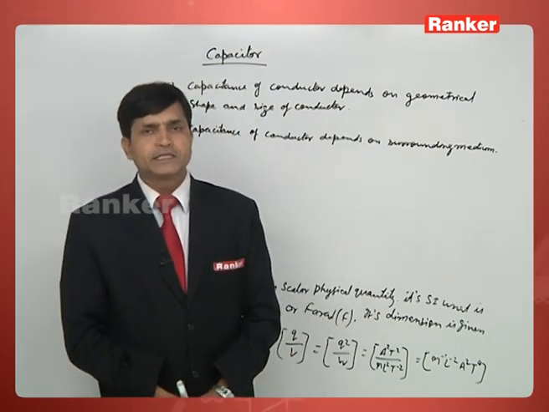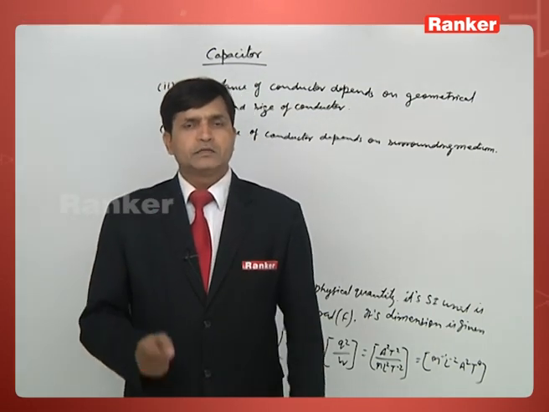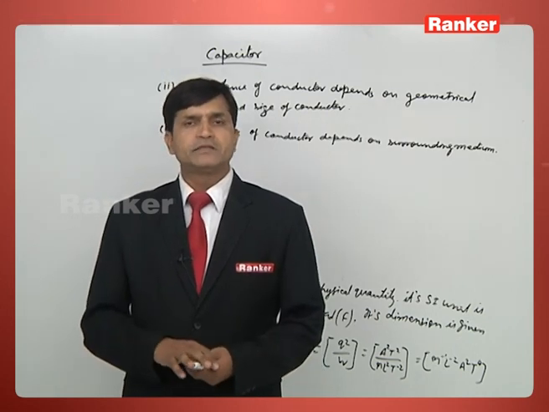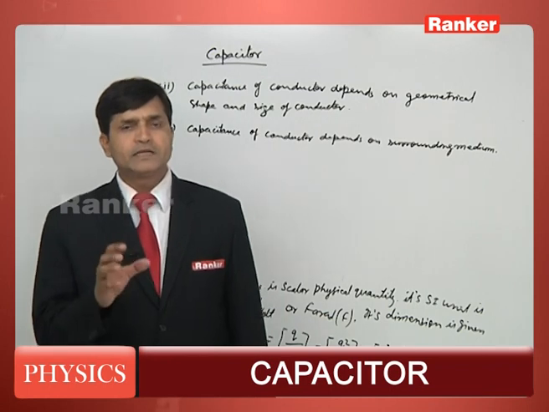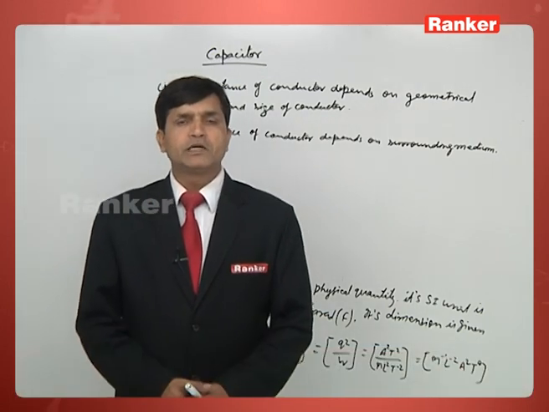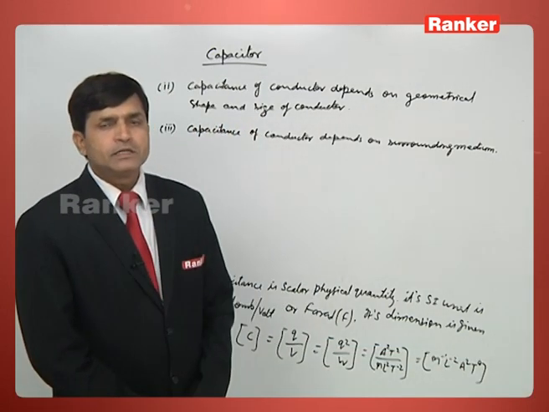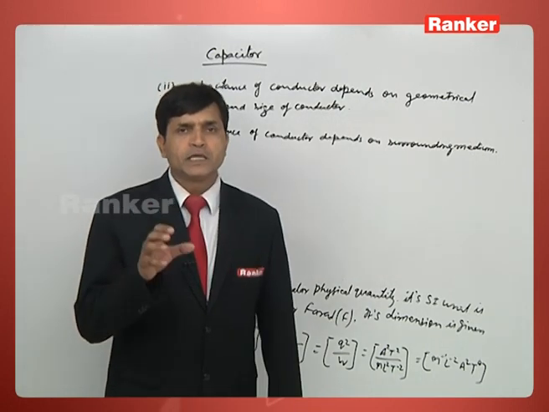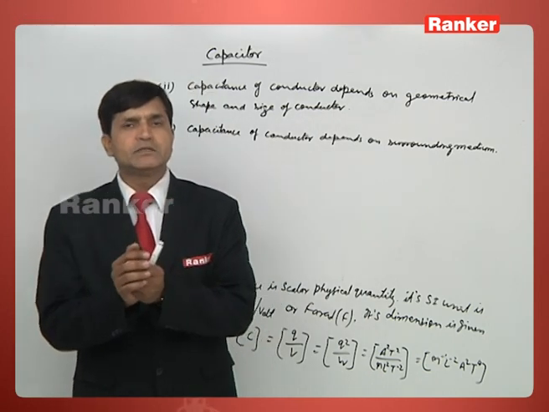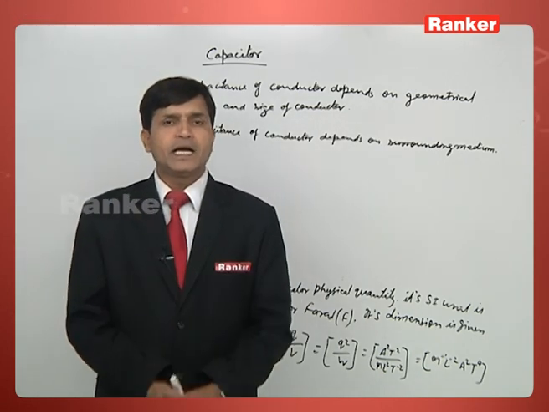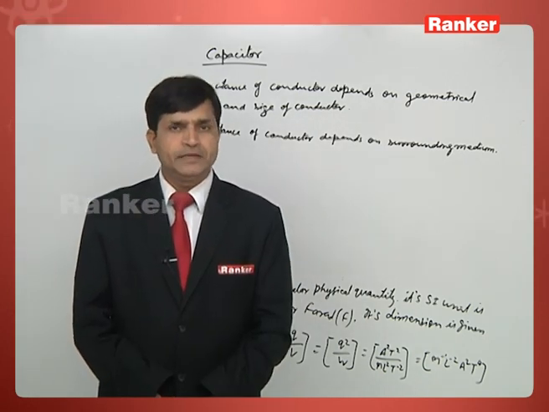When we give a charge to a conductor, its potential increases, as well as its electric field. When that electric field passes through the surrounding medium's atoms and molecules, all the medium molecules or atoms have a certain strength. Certain strength means they can ionize as we increase the electric field.